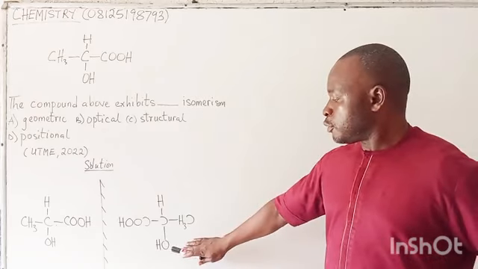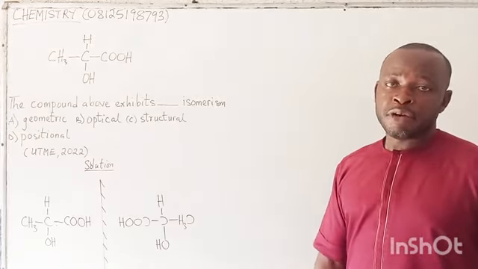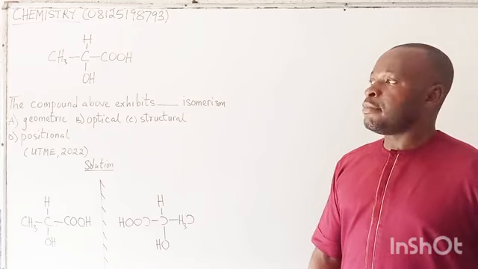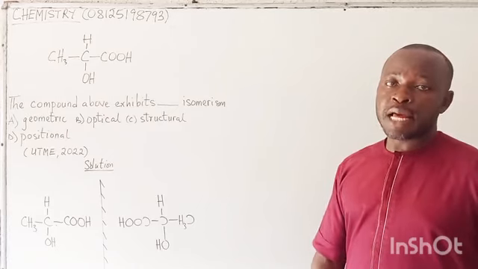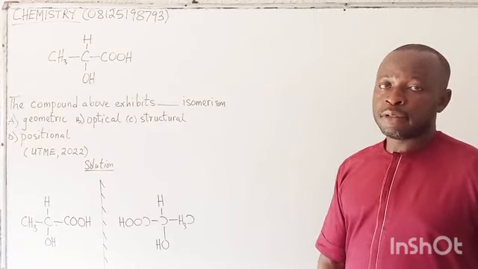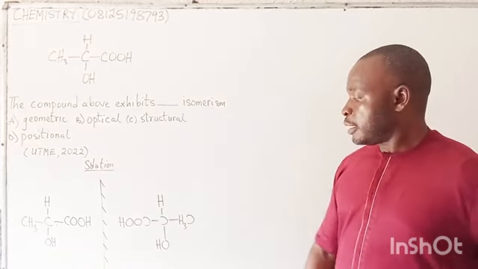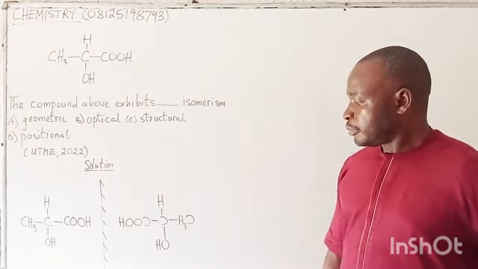It's going to be this way. Remember, in your physics you are taught that the image of an object formed is laterally inverted, horizontally inverted. And that's what you see here.